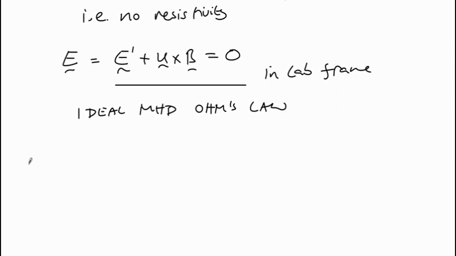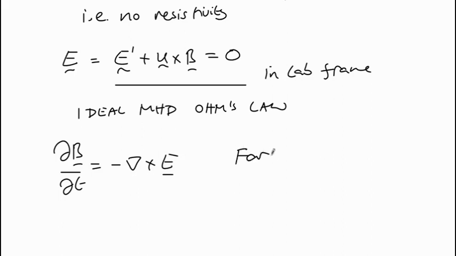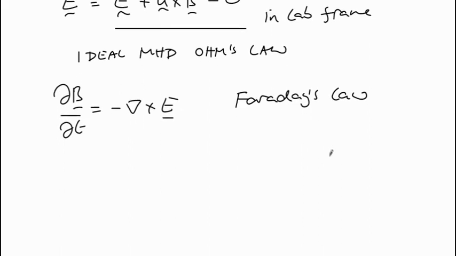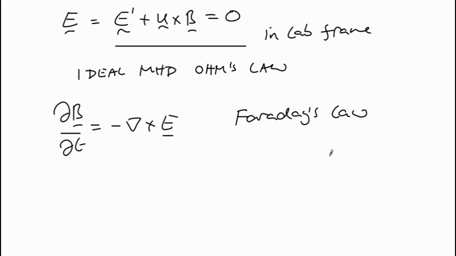So the first one we look at is dB by dt. So we want to know how does magnetic field evolve. It's just minus curl of E. This is Faraday's law. Okay, and then we can just essentially substitute this equation we have here into here.